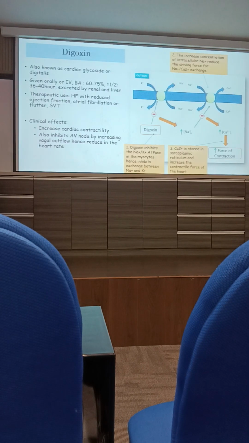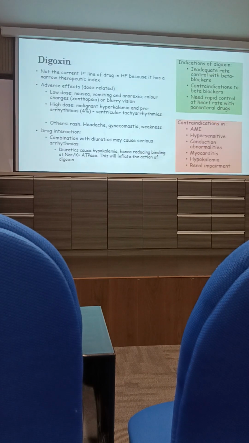If you have less binding of potassium to the sodium potassium ATPase, this will actually inflate the action of digoxin, not diuretics. You inflate the action of digoxin, and the patient will tend to have an increase in calcium even more. Okay, so the heart has increased contractility, too much contraction.